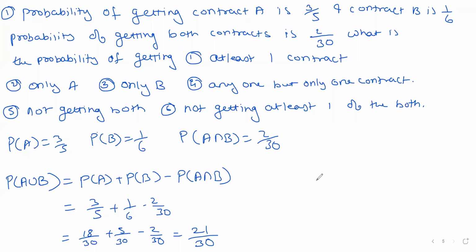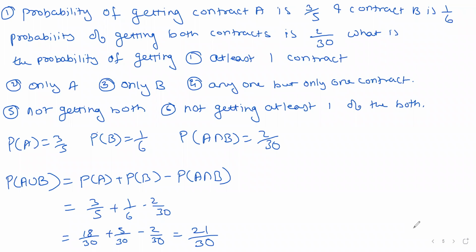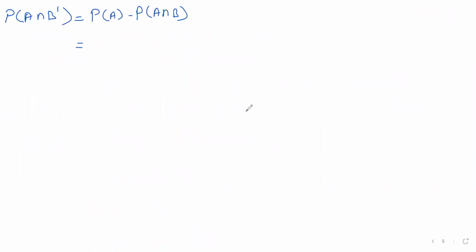Next, only A. Probability of getting only A means A and not B. That is P of A minus P of A intersection B. Three by 5 minus 2 by 30. 18 minus 2 by 30. Your answer is 16 by 30.